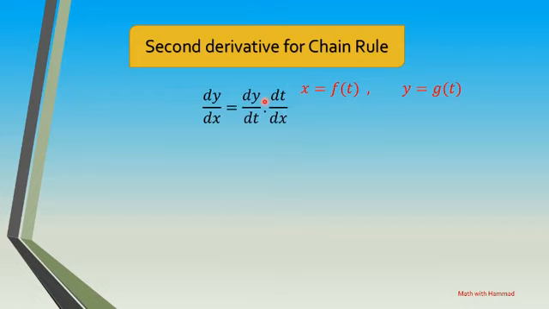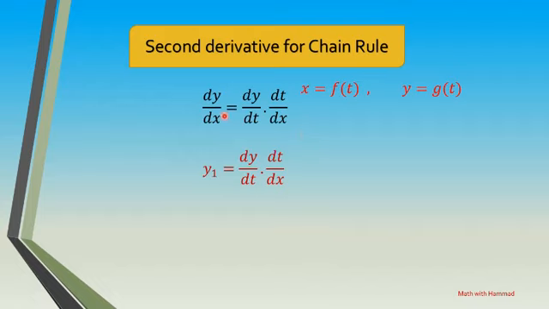So the formula will be dy by dt into dt by dx. As you studied earlier, dy in the numerator, dx in the denominator, and cross is dt. dy by dx can be written as y1 is equal to dy by dt into dt by dx.